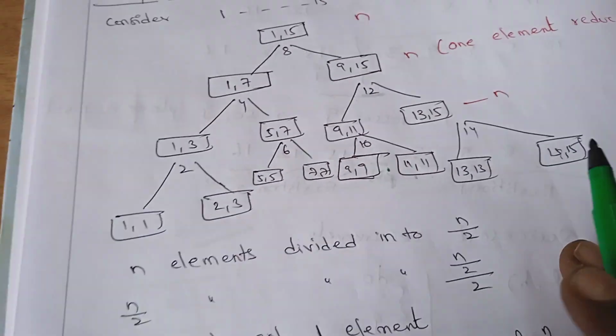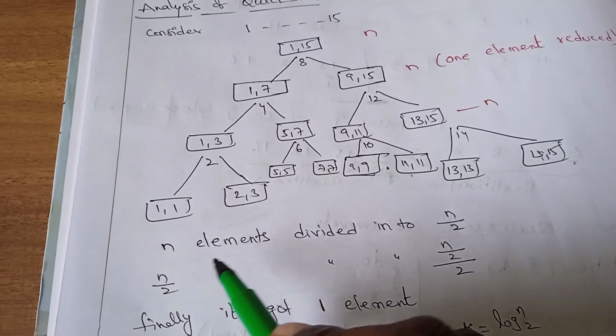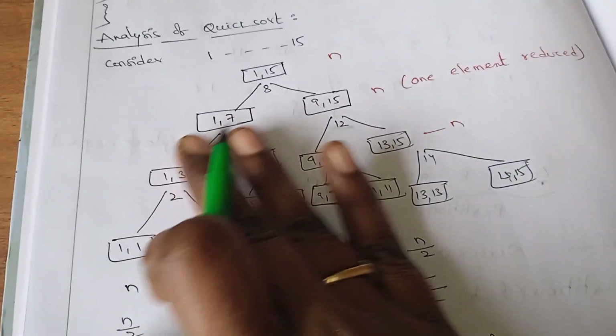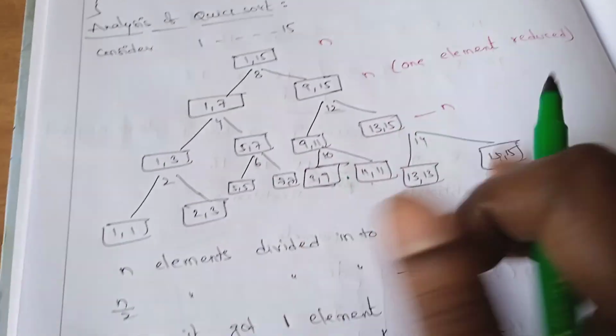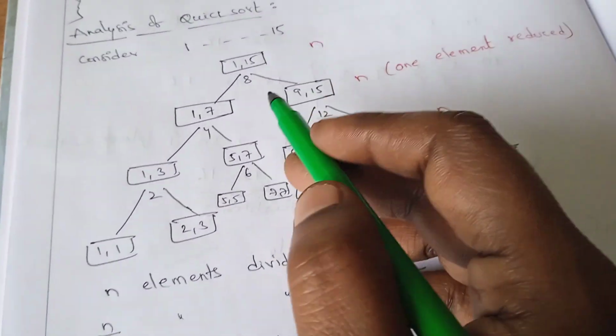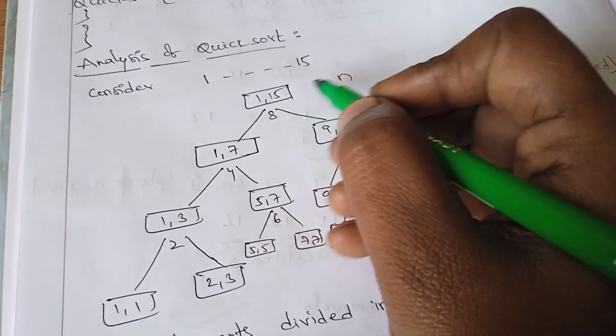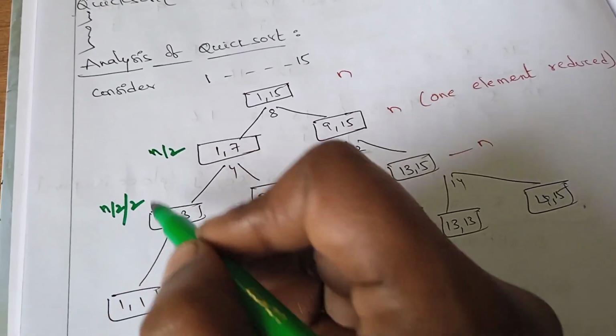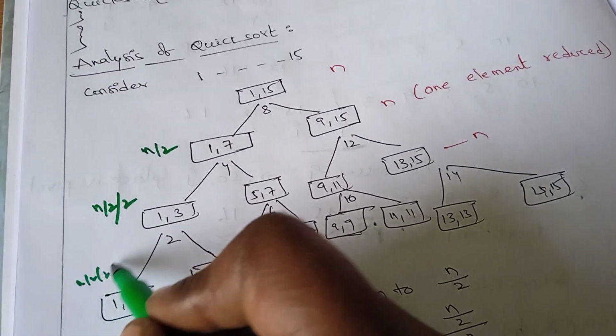Done? Now, when you have n elements, we divide into n by 2, right? This is one part, this is one part. Again this is n by 2, it is n here and here it is n by 2, and again here it is n by 2 by 2, and here n by 2 by 2 by 2.